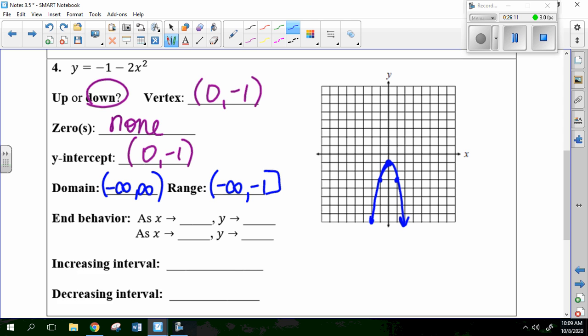Kevin, I need to hear from you. Grady, I need to hear from you. Somebody help us out. Chance, I need to hear something from you today too. Brooke, you too. All right, so Grady, for my end behavior, next to one of the x's, I need what? An infinity. That's the right end. Kevin, what do I need next to the other x?